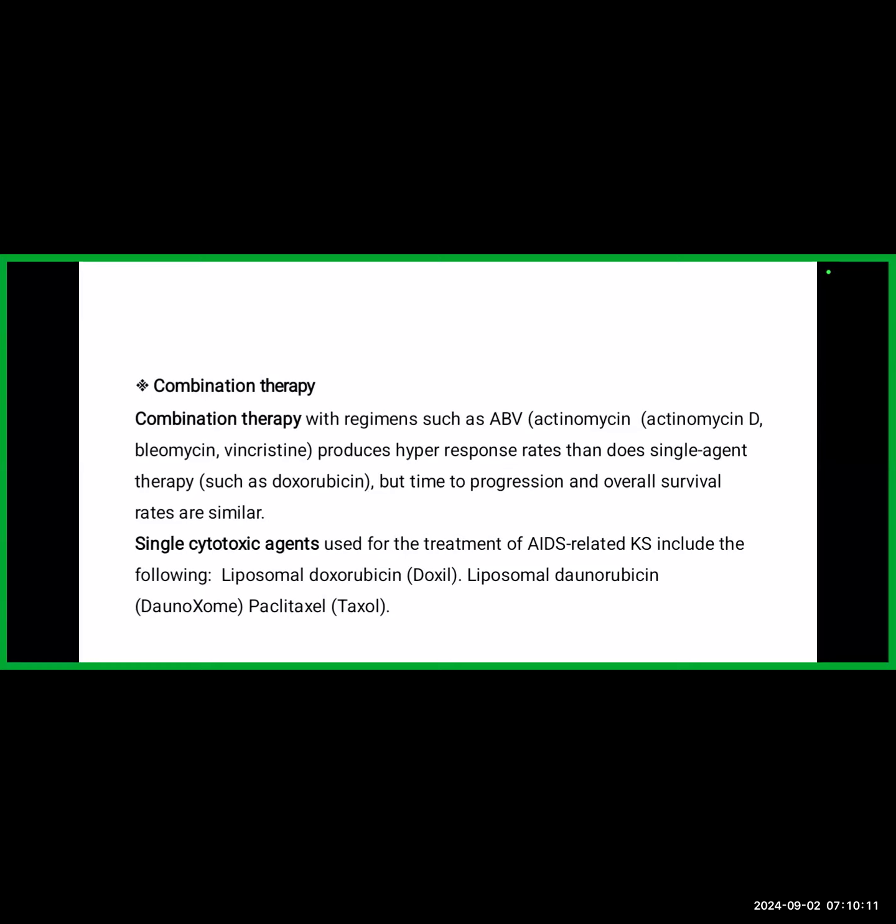Things like liposomal daunorubicin, liposomal doxorubicin, and paclitaxel. The liposomal daunorubicin is used as a first-line therapy in advanced Kaposi sarcoma, while the liposomal doxorubicin and the paclitaxel have been shown to be effective in those that have failed the standard chemotherapy.